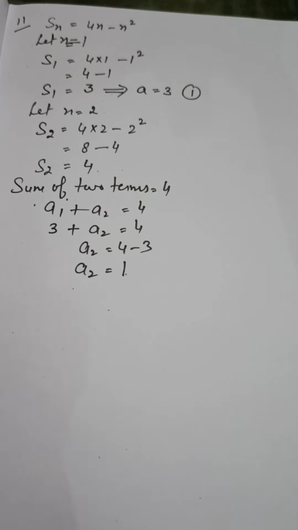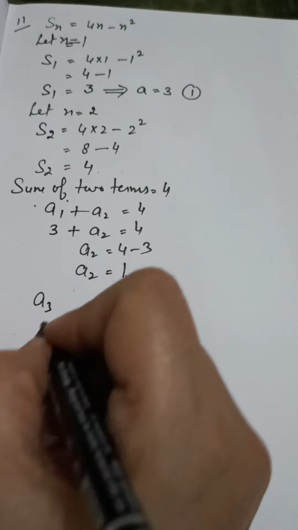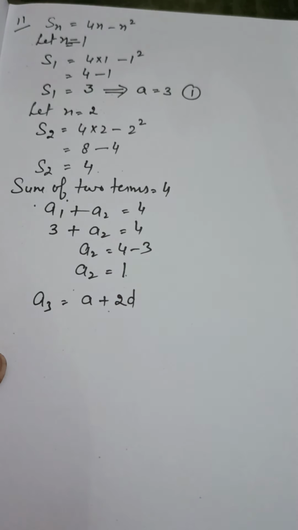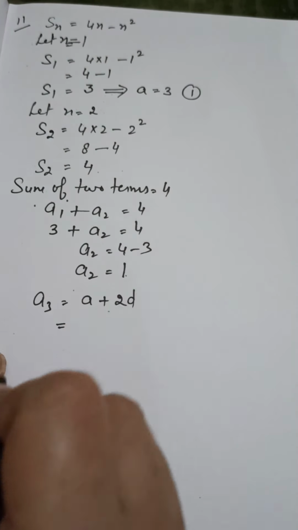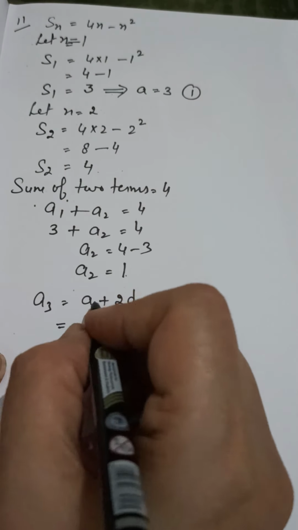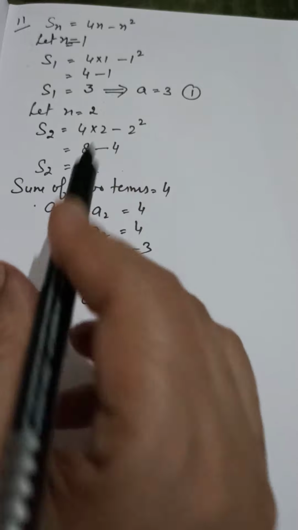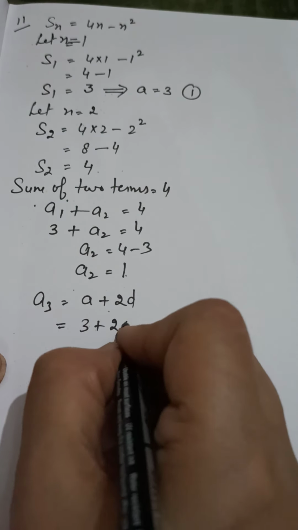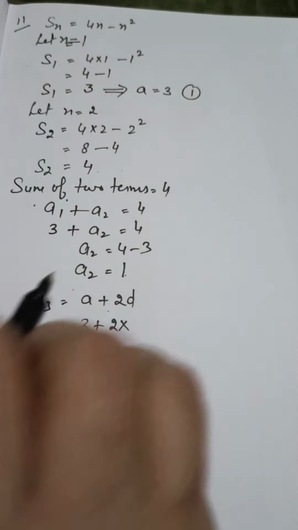Similarly find the third term, A3. A3 is equal to a plus 2d. a we have found out, a is 3, plus 2d. d we have not found here. So first we will find d.